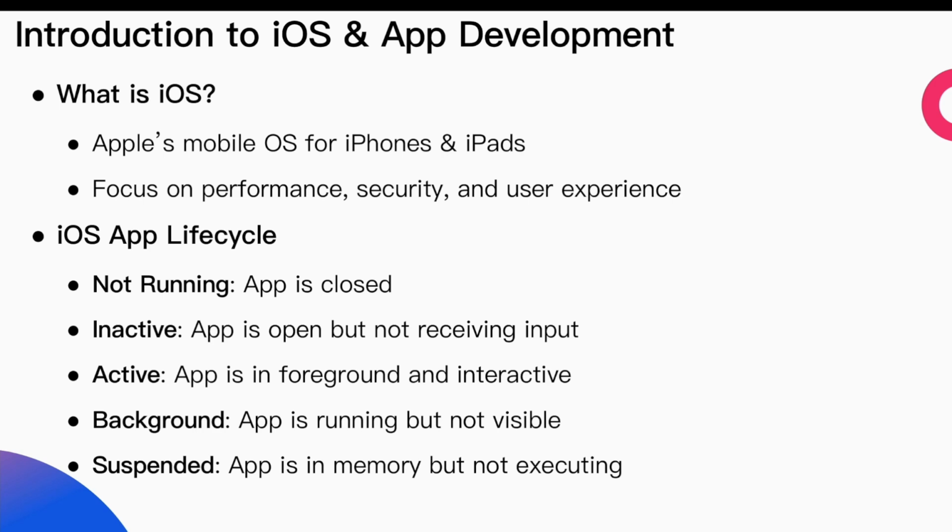Then there is another state called background. The app is running, but it is not visible. Sometimes in the background, an app can still perform some operations, like downloading or playing music, but it is not active and not visible, and that is called the background state. A suspended app is in memory but not executing any code, and that state is called the suspended state.